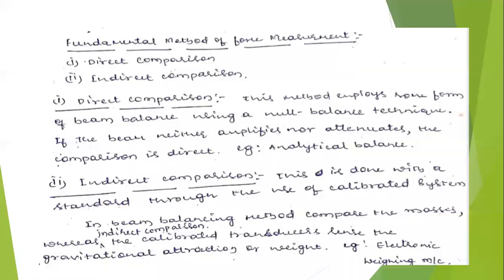Here there are two more translations: the force is converted into an analogous signal, the analogous signal is converted into a digital signal, and again the digital signal is converted into the readout or result of the measurement, in terms of strain units. That's a good example of indirect comparison.